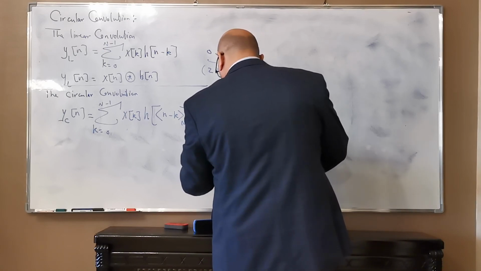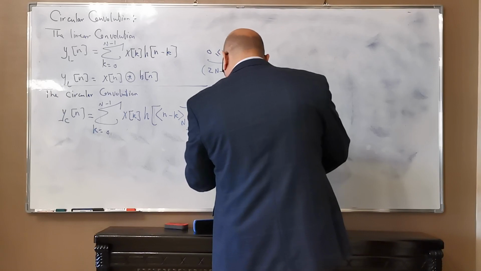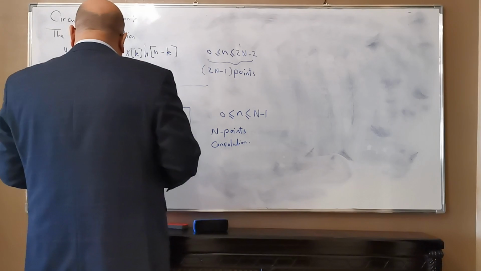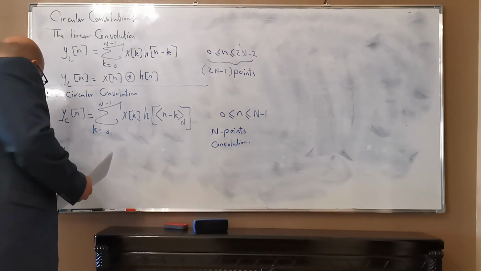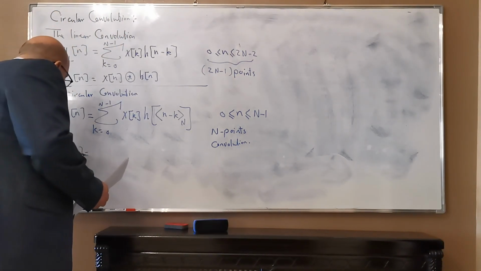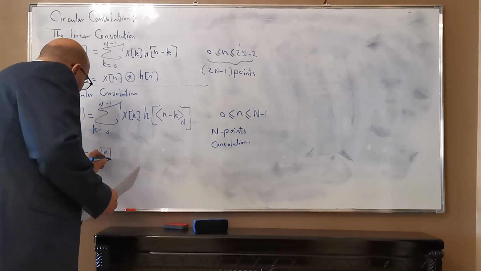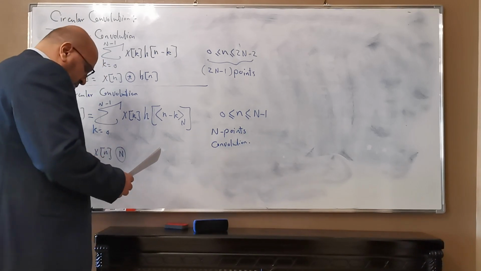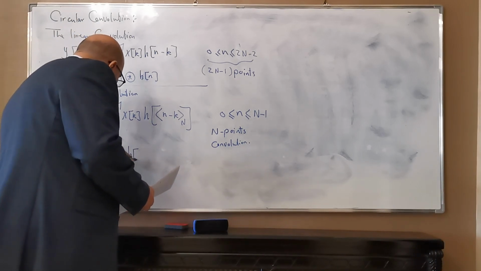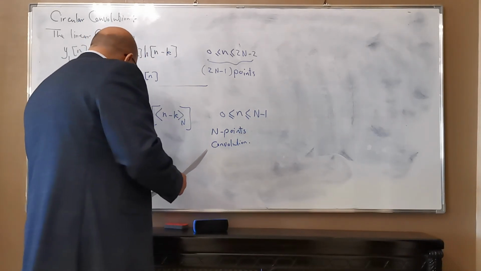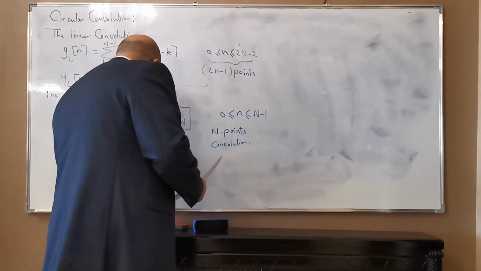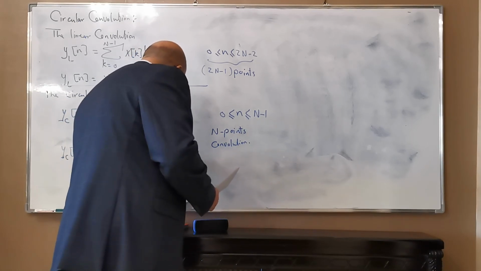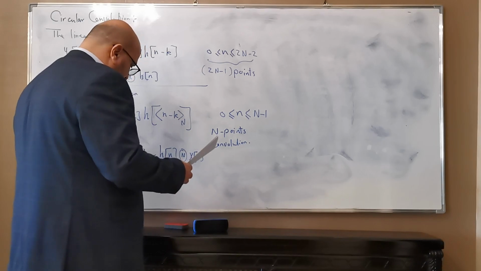Okay, symbolically, we will call y c of n equal to x of n circle n h of n. And it's also a commutative operation, so you can say that h of n circle n x of n.